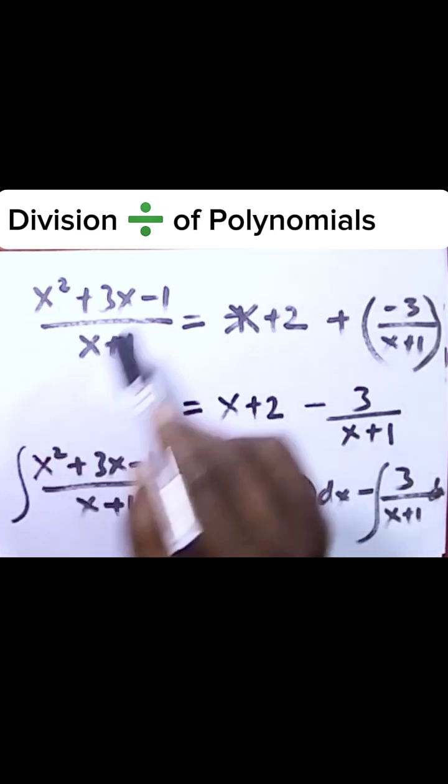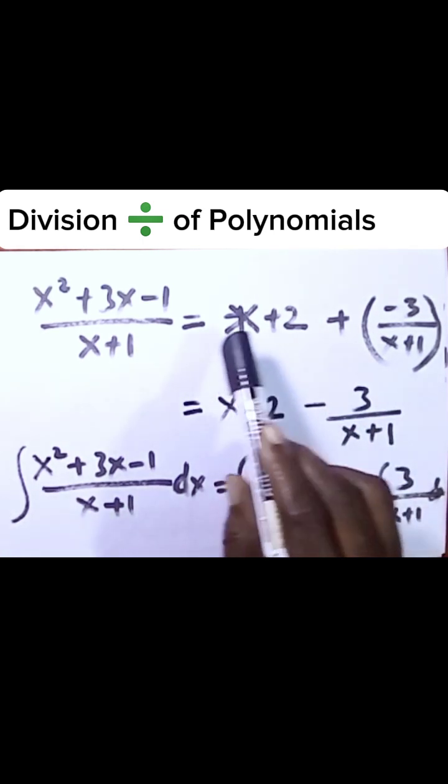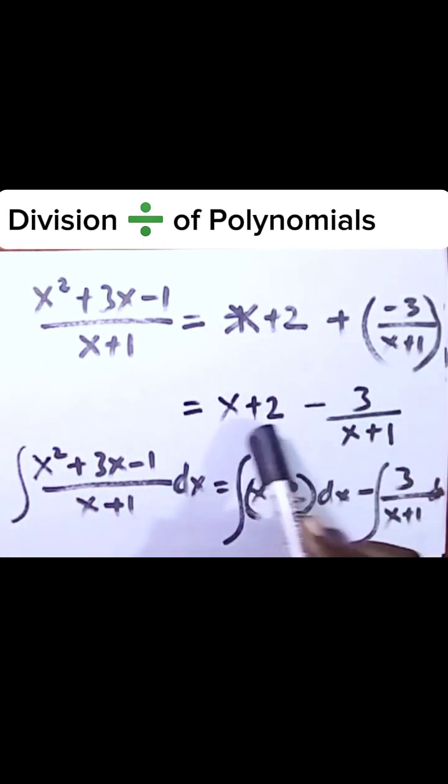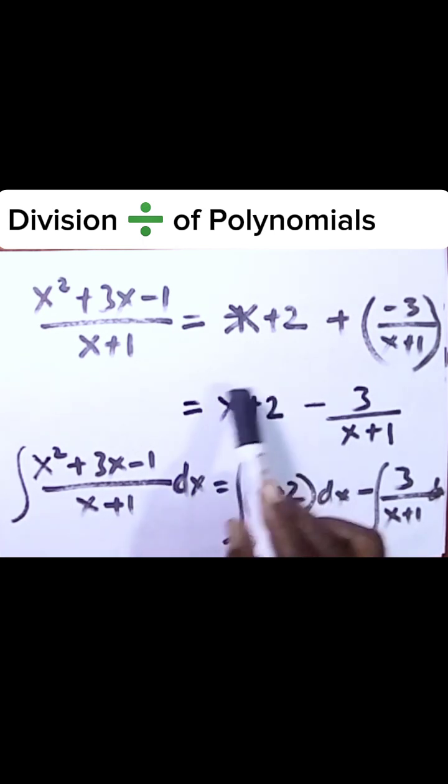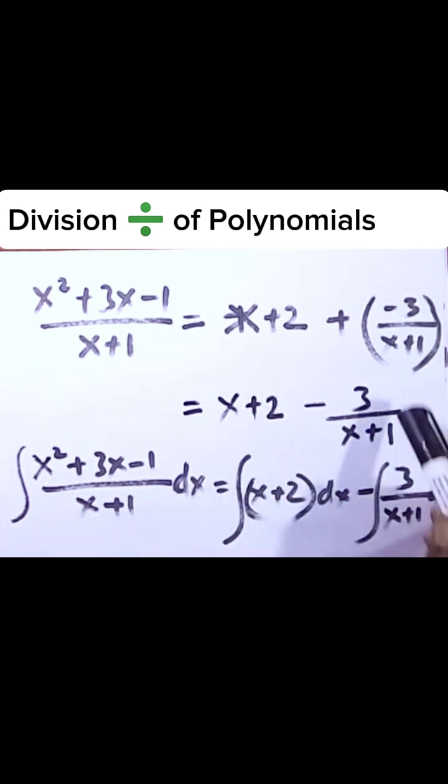All right, so this expression has now been broken down into x plus 2 minus 3 over x plus 1. So we now reintroduce our integral sign. So the integral of this expression, we can break it down into two integrals, and that will give us integral x plus 2 minus integral 3 over x plus 1.